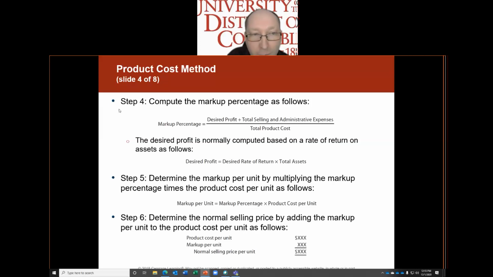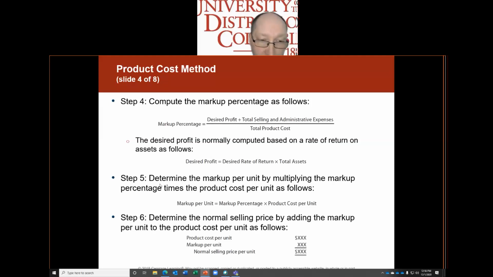Step 4, compute the markup percentage. Desired profit plus selling administrative expenses divided by total product cost gives me a markup percentage. The desired profit is normally computed by the rate of return on the asset. Desired rate of return times total assets equals desired profit.